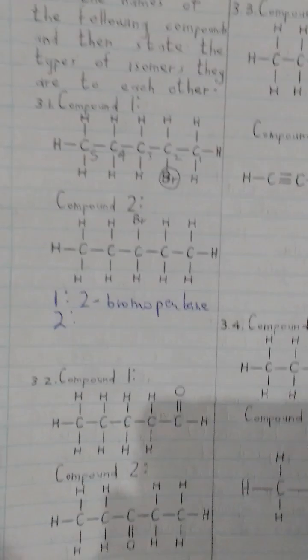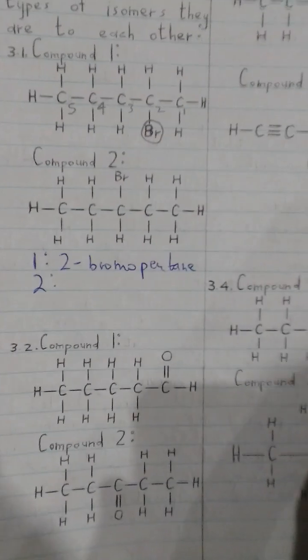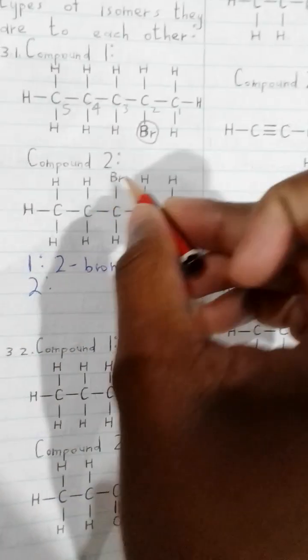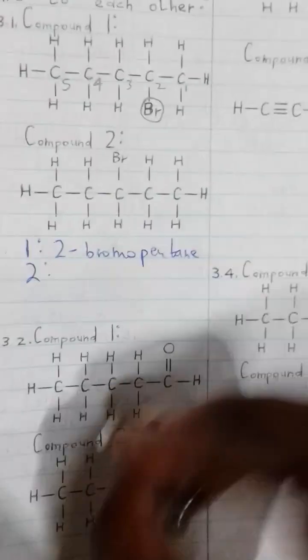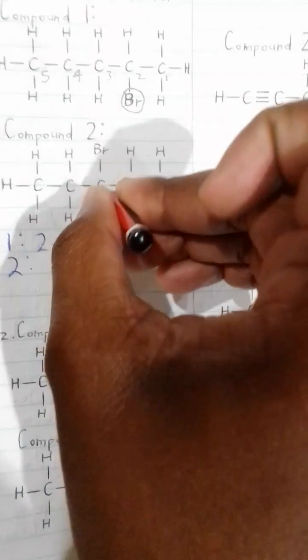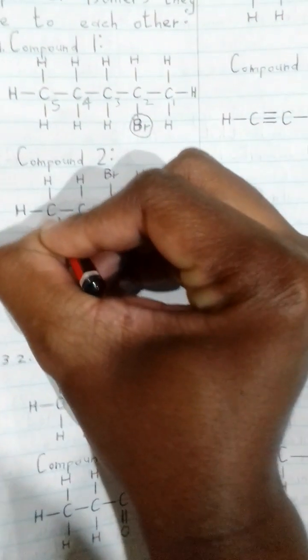Then compound 2, hydrogens, bromine, hydrogens, 5 carbons. If we start from here 3, here 3. So 1, 2, 3, 4, 5.